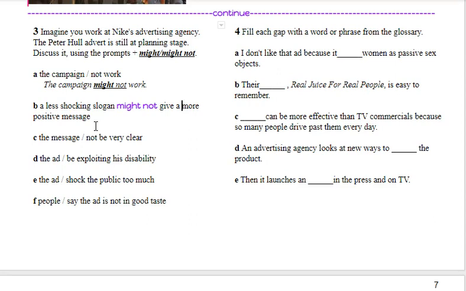Okay, next one, letter C. The message slash not be very clear. The message might not be very clear. Okay. How do you understand that one?